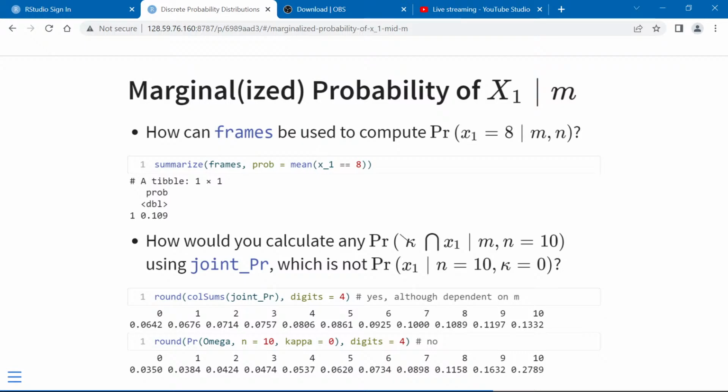We could also get those for any other value of x1, but this is marginalized over kappa. So it does not depend on kappa, but it does depend on m in our Poisson prior for kappa. But it's different from the conditional probability of knocking down x1 pins, given that kappa is 0, which is what we were looking at last week, which is why we need to know the difference between a conditional probability and a marginal probability, particularly when we have to do summation in order to marginalize over the thing that we don't want to condition on, which in this case is kappa.